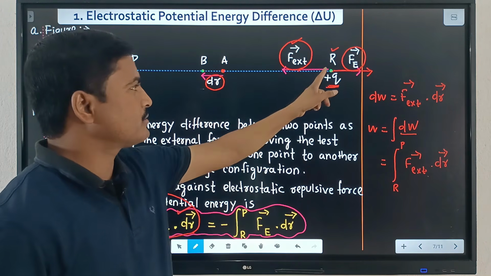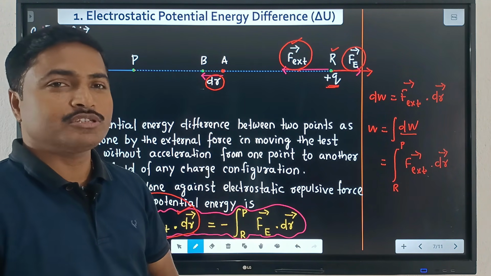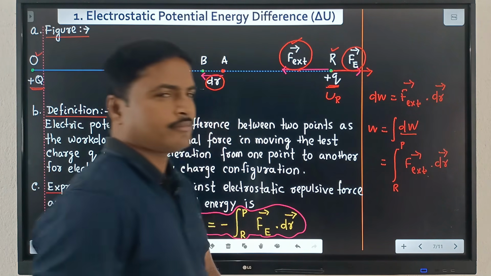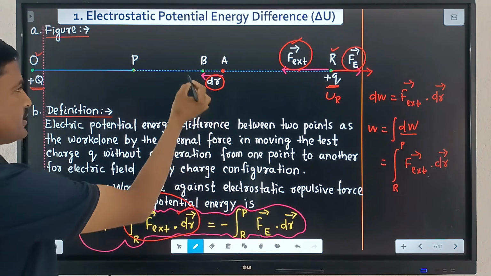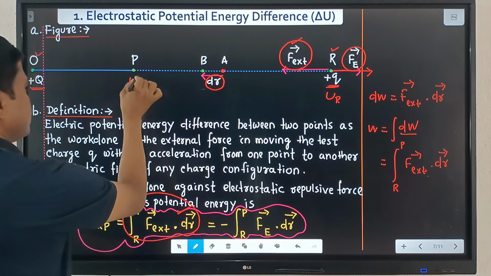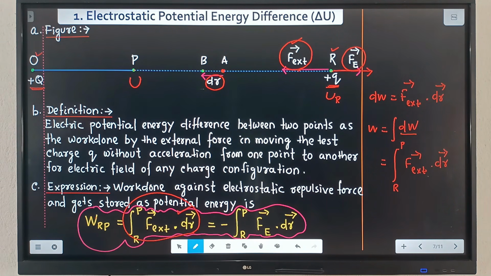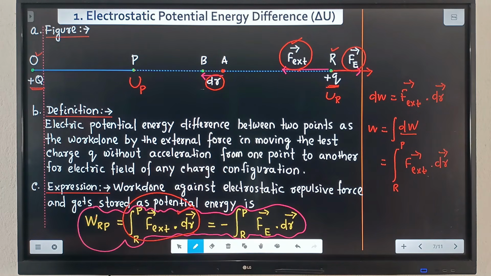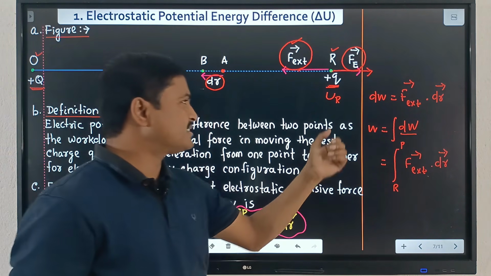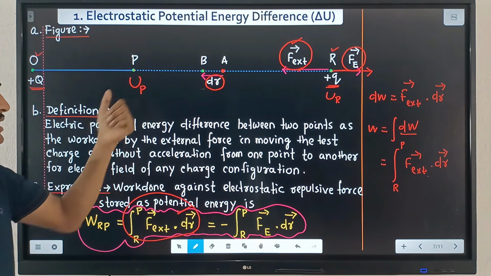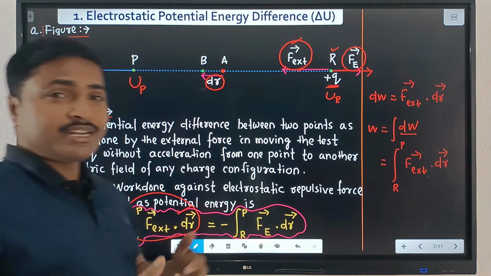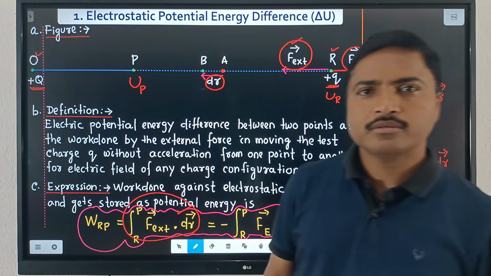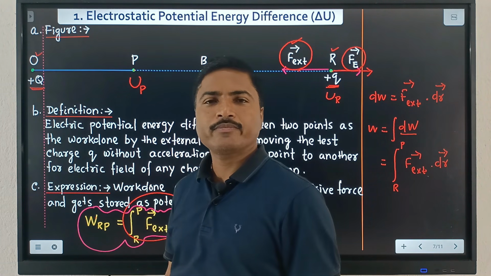And at point R, suppose its electrostatic potential energy we write UR. At point P, suppose we write UP. And if we move the test charge from point R to P, its potential energy gradually increases. Here the source charge is positive.